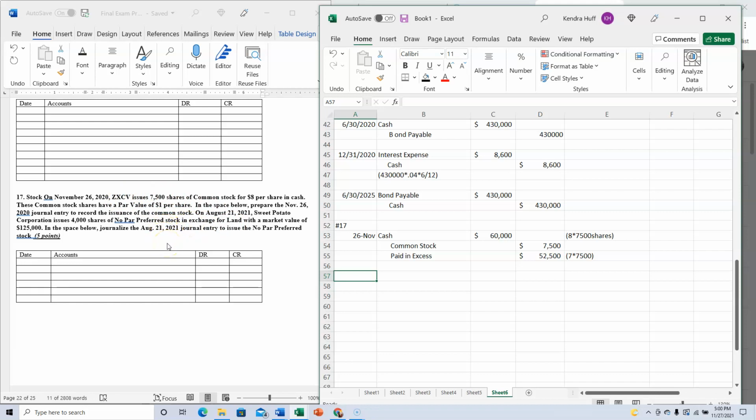In exchange for land, what day is this? August 21st of 2021. All right, they received land, and you record it at fair value, fair market value, $125,000, and they exchange preferred stock for it. And it has no par value, so the entire thing goes into preferred stock.